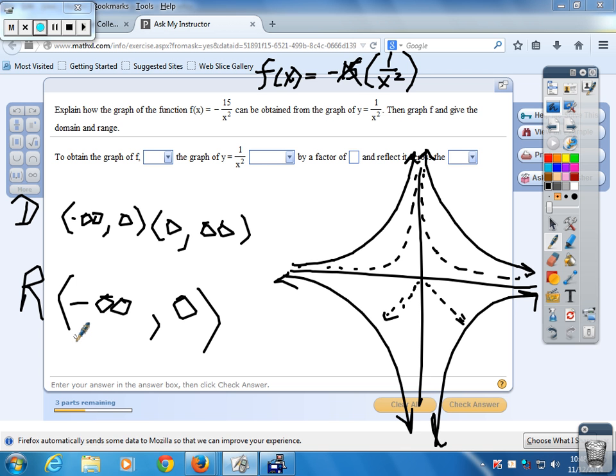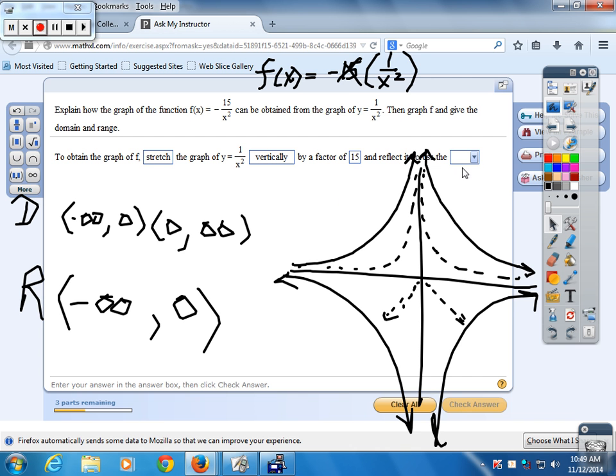Says to obtain the graph, it stretches vertically by a factor of negative 15 over the x-axis. I have no idea what the answer is here. Yes. No, but I put that because it was wrong. We're going to stretch it along the y-axis vertically by a factor of 15?